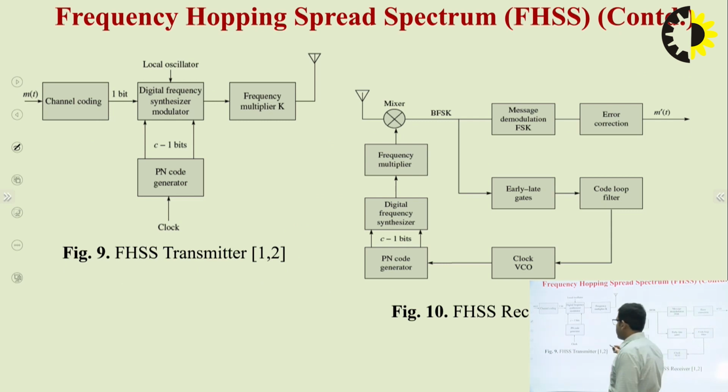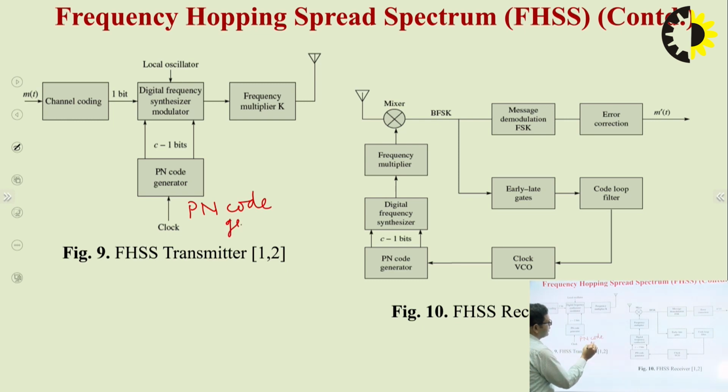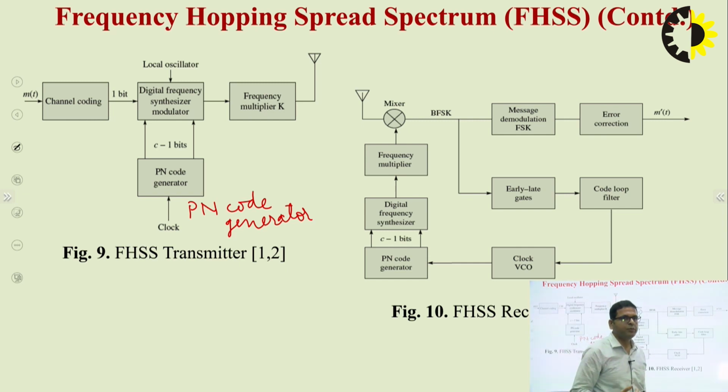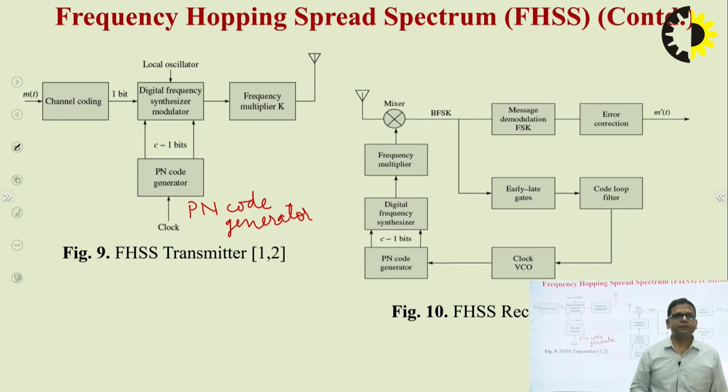This is the frequency hop spread spectrum transmitter and receiver diagram, in which the bit is going to modulate, as I told you, a carrier frequency which is selected by this PN code generator. According to the PN code generator, different carrier frequencies are selected, which are further modulated by the baseband signal, and after modulation these frequencies are transmitted to the receiver side.